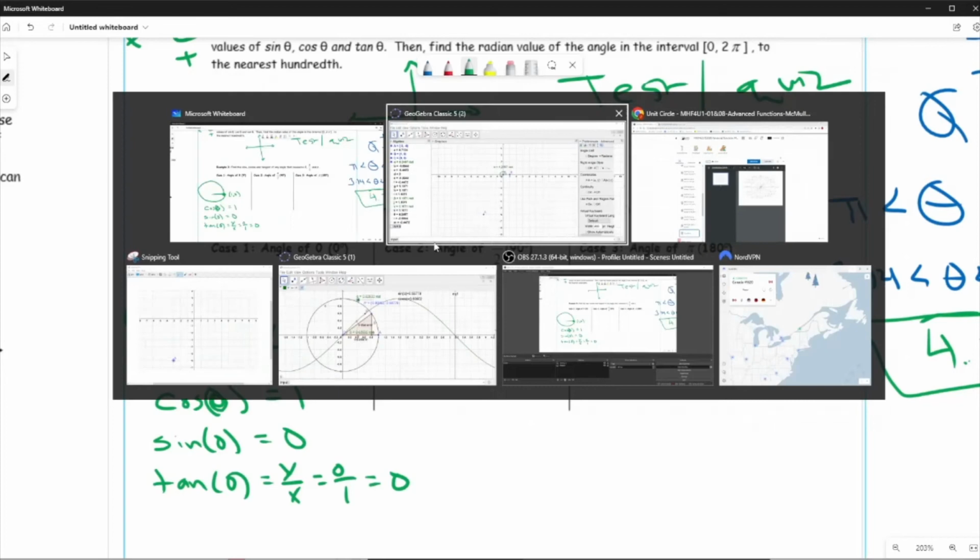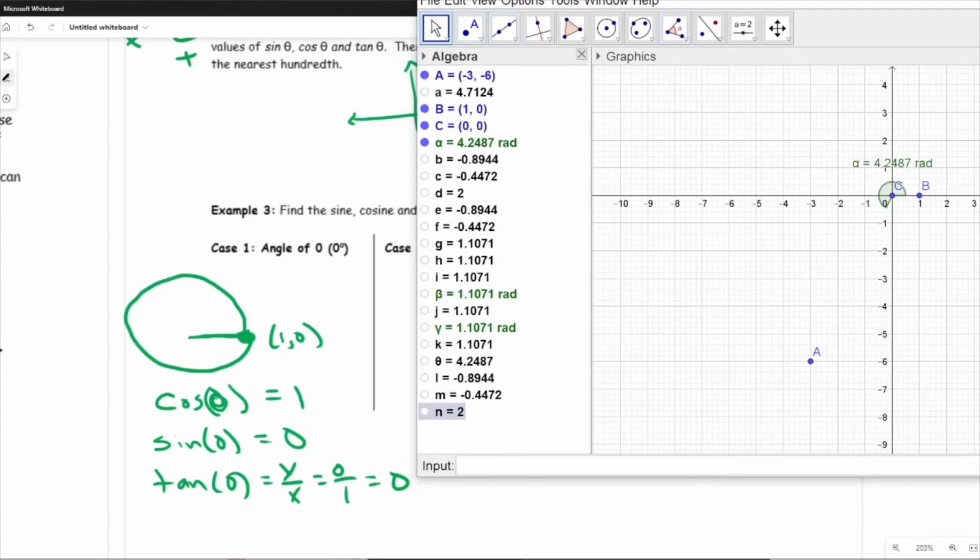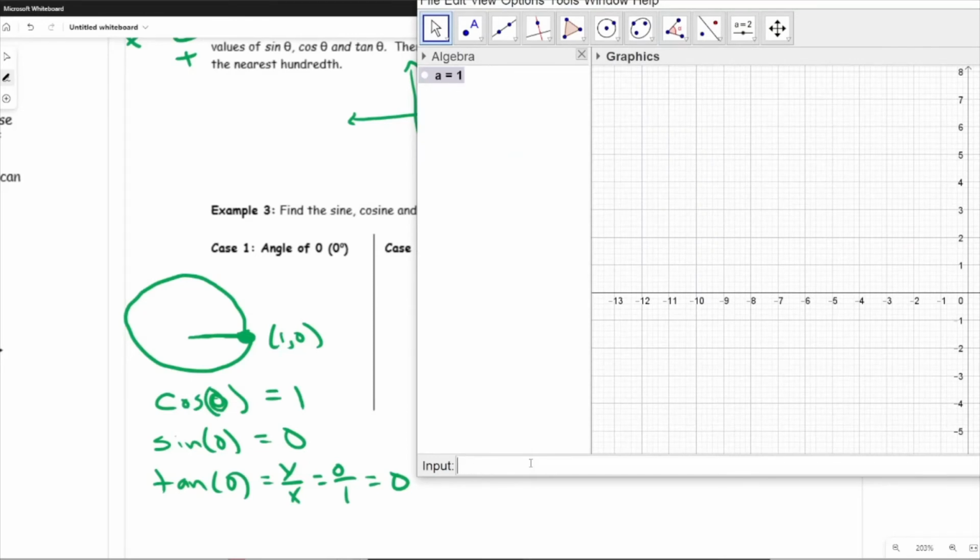Okay, we can confirm these things quickly just while you're copying them down. Cos of 0 is 1, sine of 0 is 0, tan of 0 is also 0.